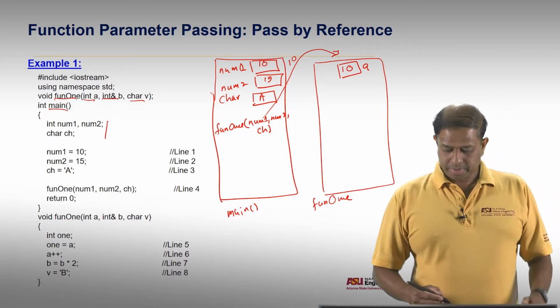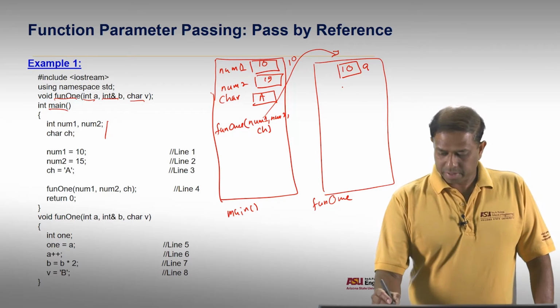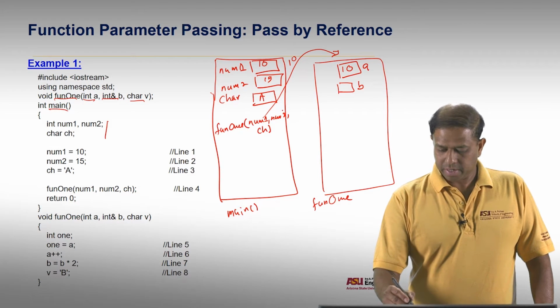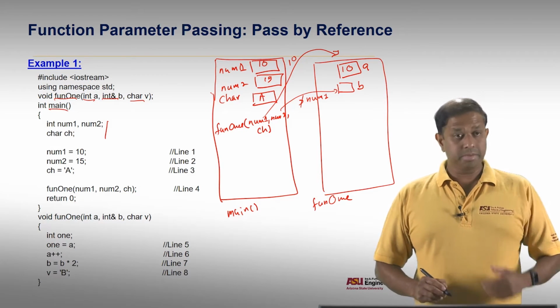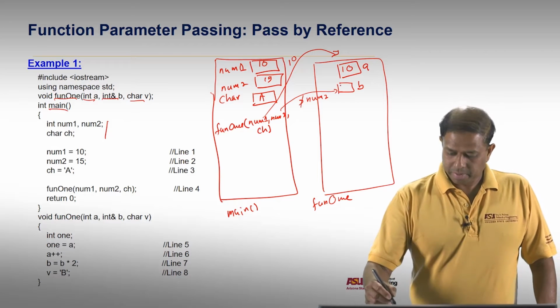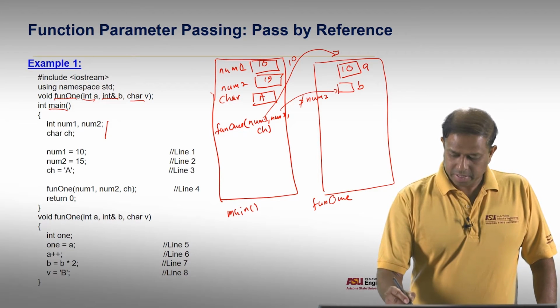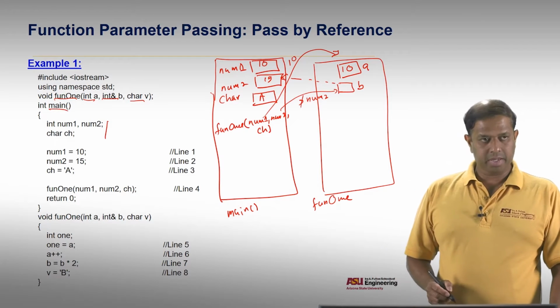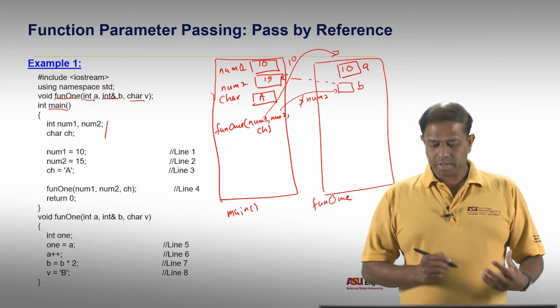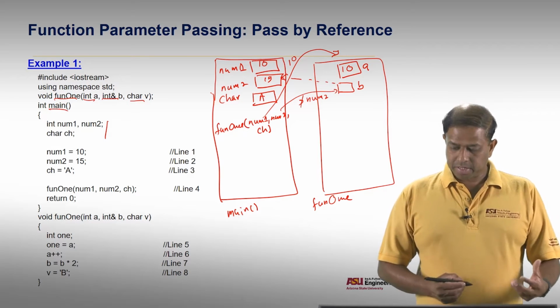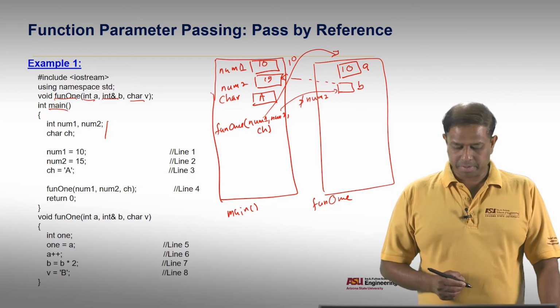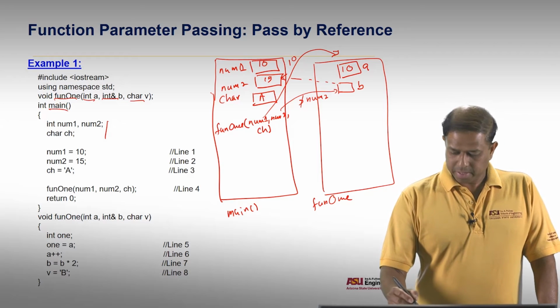Now num2 is a reference parameter, so b on the other hand is getting the memory address of num2. Since b is getting the memory address of num2, b will essentially point at num2. So it's not going to hold the value stored in num2 but the memory address of num2.